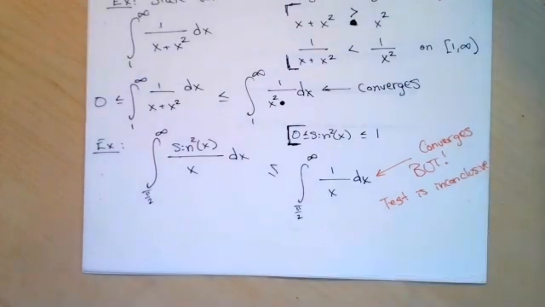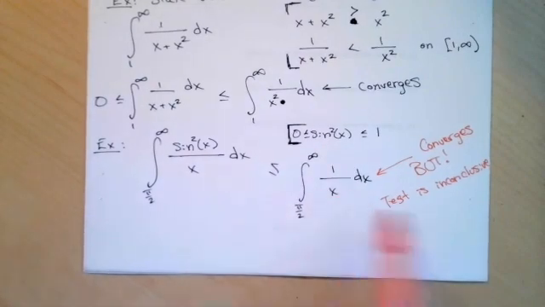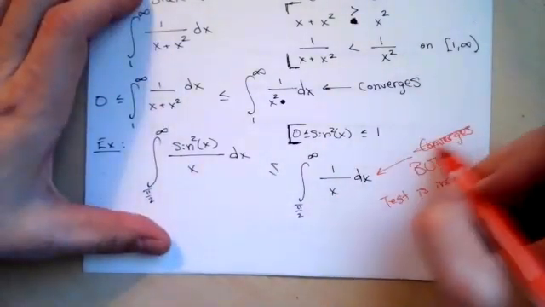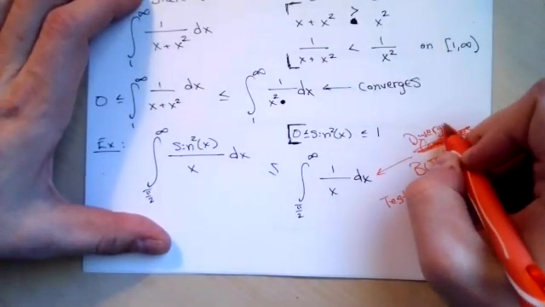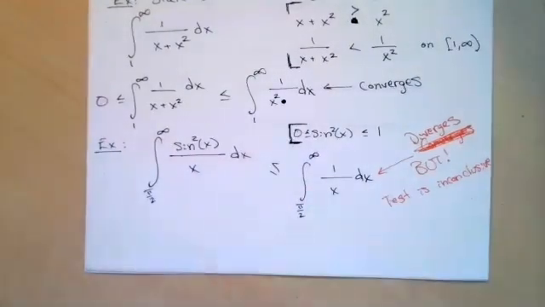Why? Oh wait, why did I write converges? Diverges. Right? Or 1 over x, that makes sense. But our test is inconclusive because this one goes off to infinity.